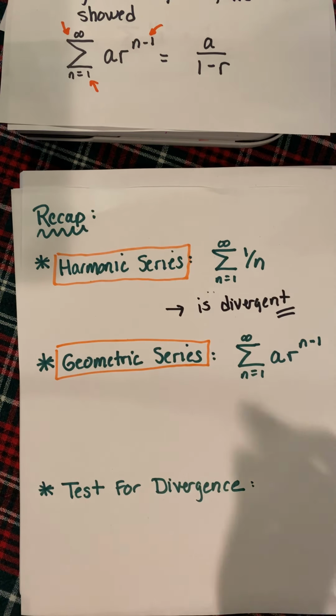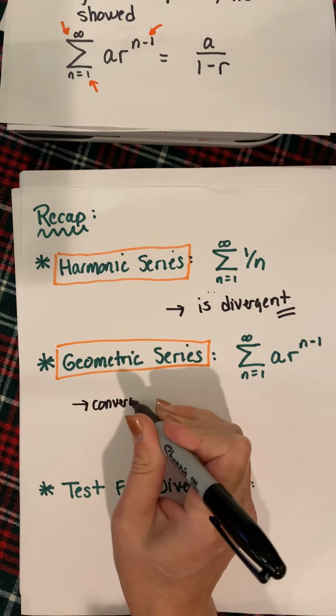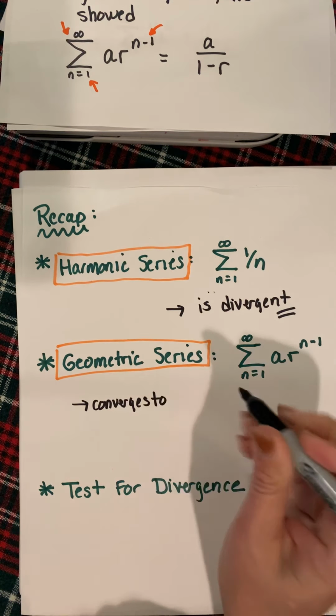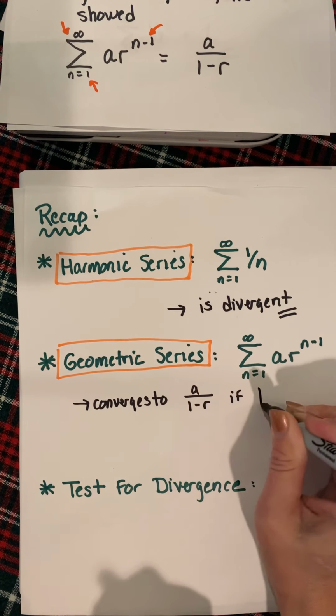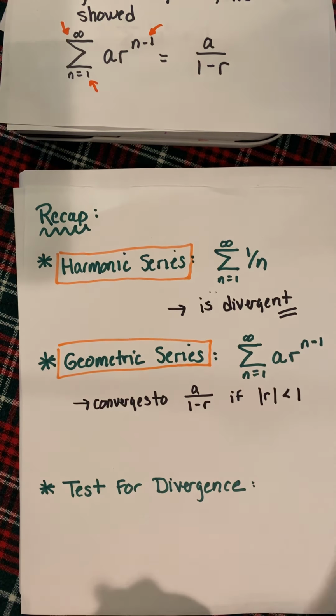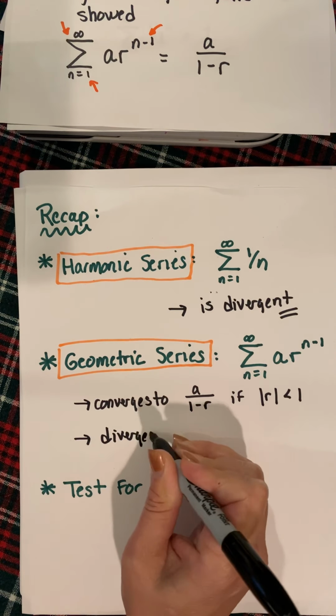The geometric series converges to a over 1 minus r if the common ratio is between 1 and -1 and diverges otherwise.